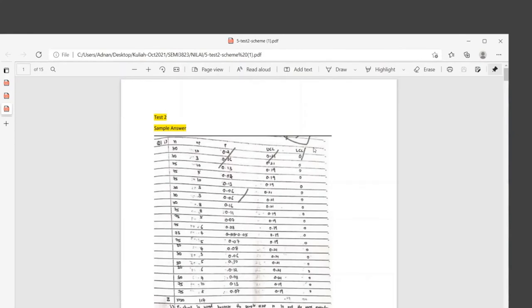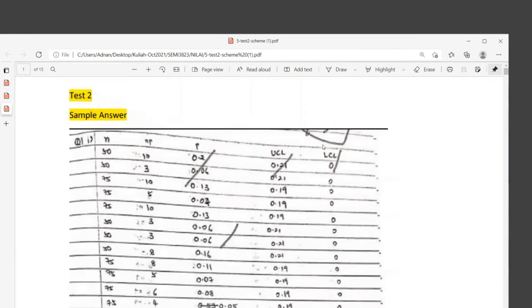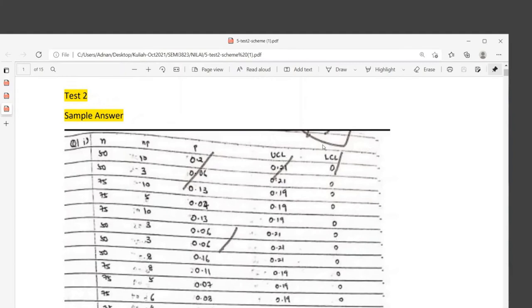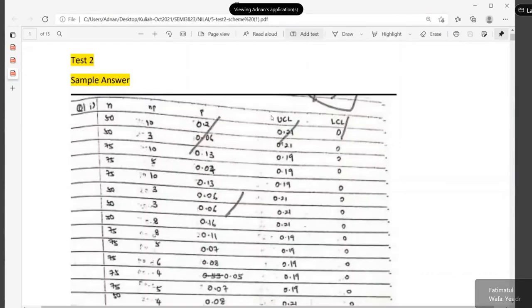This is the solution. Can you see the solution? Yes, Doctor, we can see the sample answer. Okay, so this is the sample answer. I have already shared it with you, but let me explain.